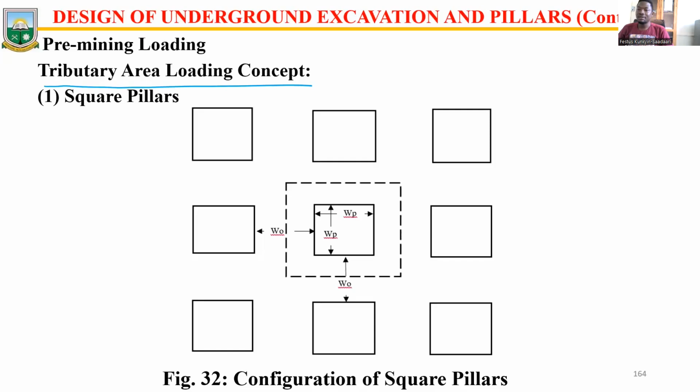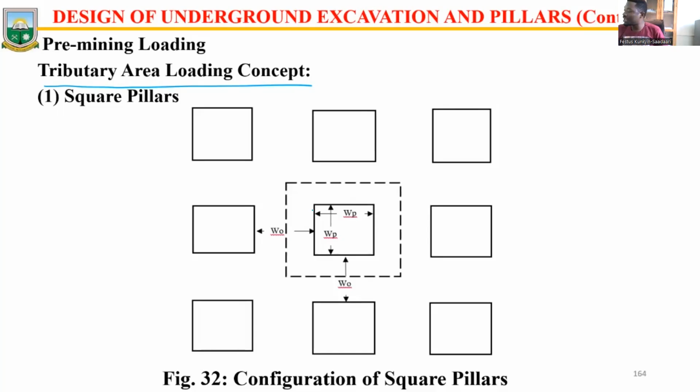It states that when I have a given pillar and there is material sitting on it, the pillar only takes a section. Considering the left, it takes half of the load, the pressure exerted on it, half of it to the left, half of it to its right, half of it to its front, and half of it to its back.